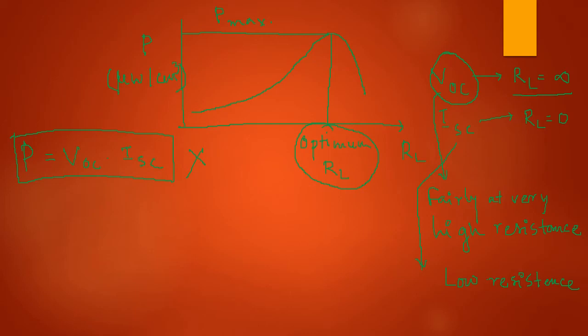For practical purposes, the power should always be calculated as a function of RL, and you will get the maximum power for a particular value of RL. That RL should be used to calculate the power.